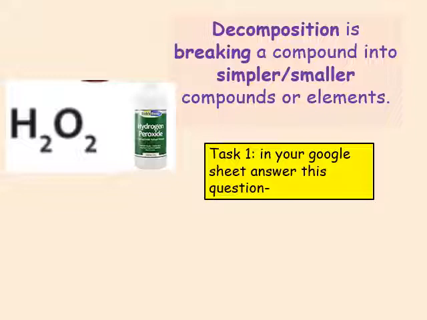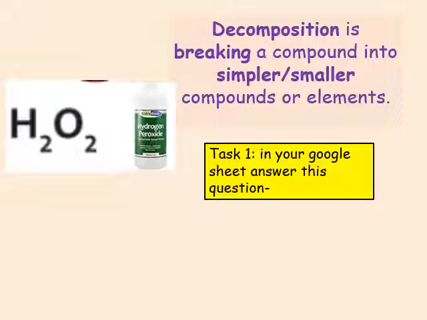You might have heard the word decompose when you think of rotting fruit or the food in your compost bin or dead bodies and organisms decomposing in the ground. They are breaking down into smaller, simple compounds and elements. And this is simply what the word decomposes means.